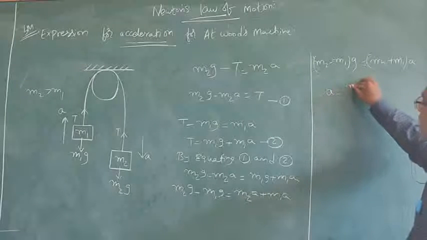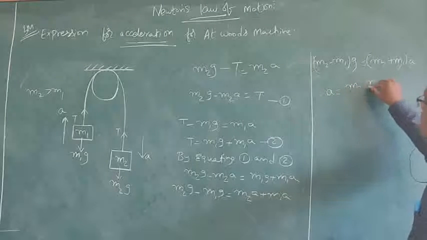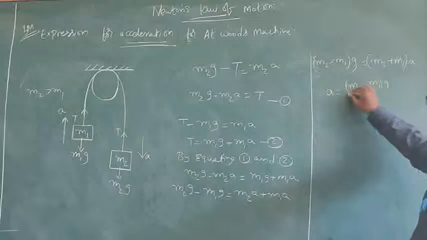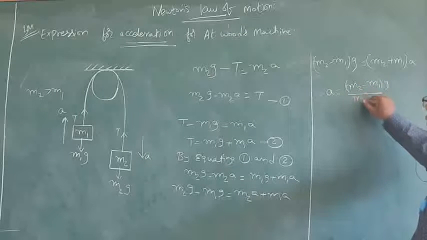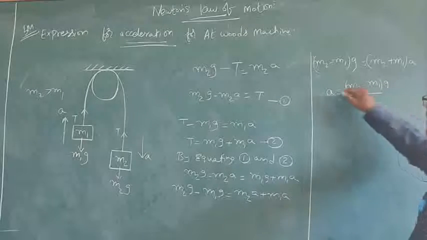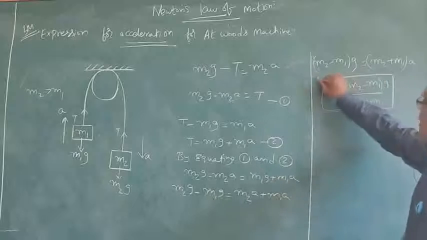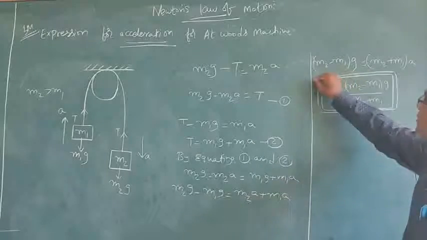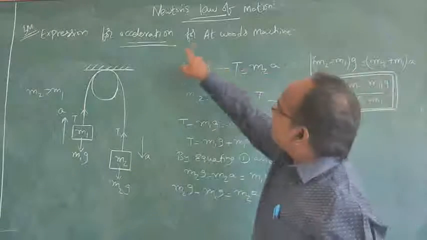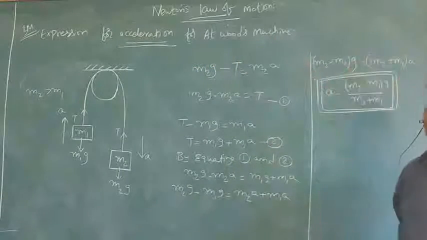A is equal to M2 minus M1 into g divided by M2 plus M1. So this is the acceleration in Atwood's machine.